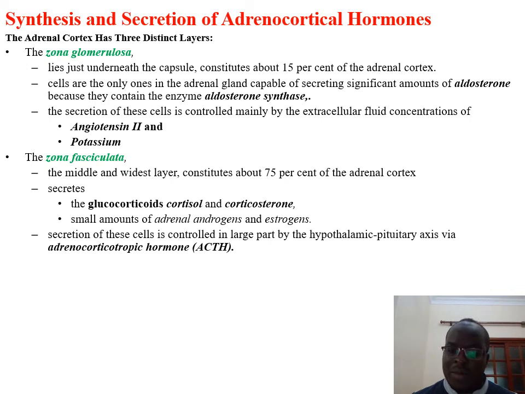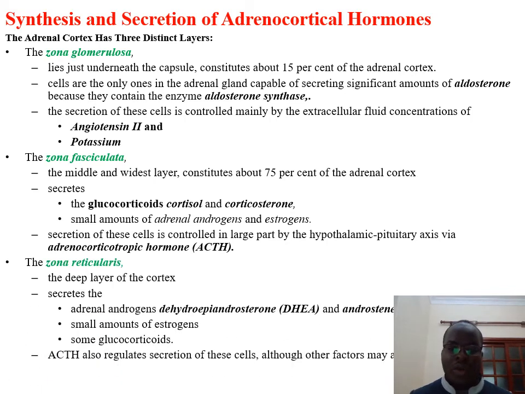Remember, the hypothalamus produces corticotropin-releasing hormone, which is transported to the pituitary gland to stimulate the production of ACTH. That is then transported by the cardiovascular system to the adrenal cortex to stimulate the zona fasciculata to increase the production and secretion of glucocorticoids, cortisol and corticosterone, and to some extent androgens as well.